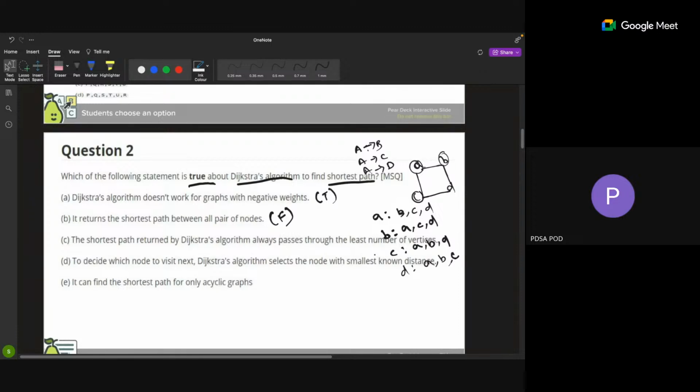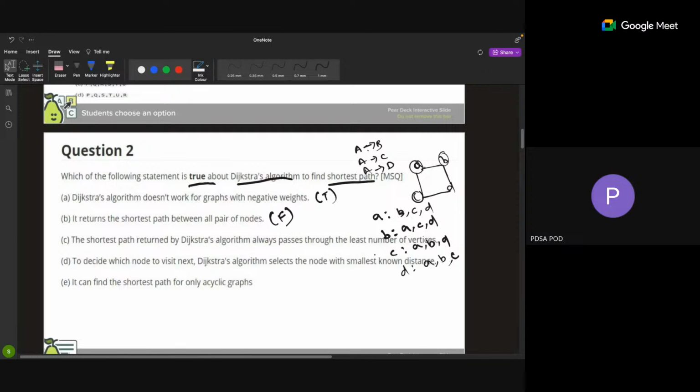You are reachable, but what is the optimized path to reach it? So there is no least number of vertices. We try to find out that the edge weights are the main choice, because once week number 5 you entered, all the graphs are introduced with weights. That's a week 5 concept we learned. Next one.